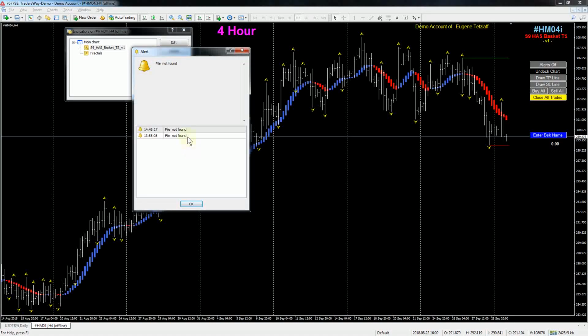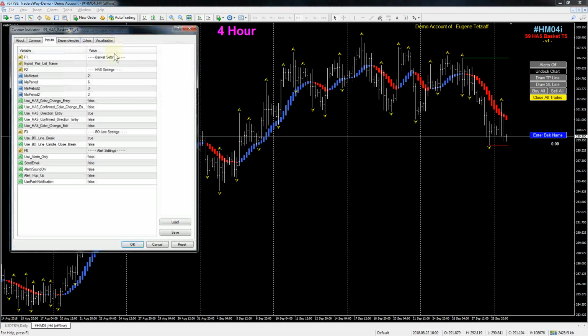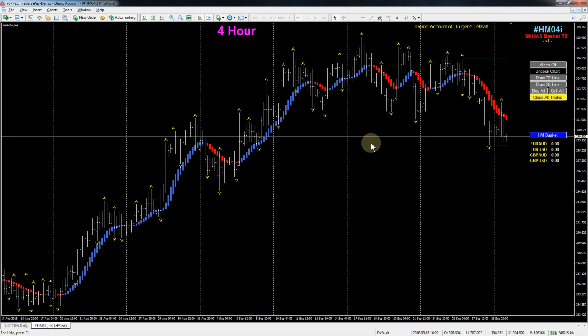It comes up with this file not found because you didn't tell it what the name of the basket was, and then you don't get no name. So it's not going to take any trades because there's no pairs to trade over here. So remember, you got to put that name of your basket in there. And then it'll come up with the names.